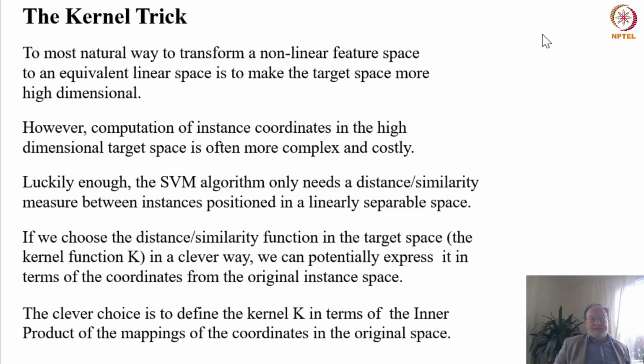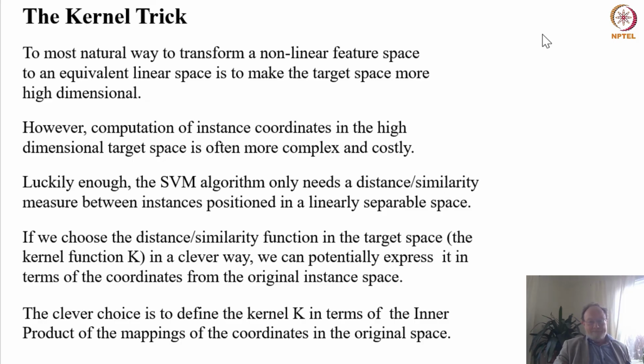Luckily enough, the SVM algorithm only needs a distance or similarity measure between instances positioned in a linearly separable space. So this means we map our original space onto a new space, which is linearly separable. That's of course a requirement.